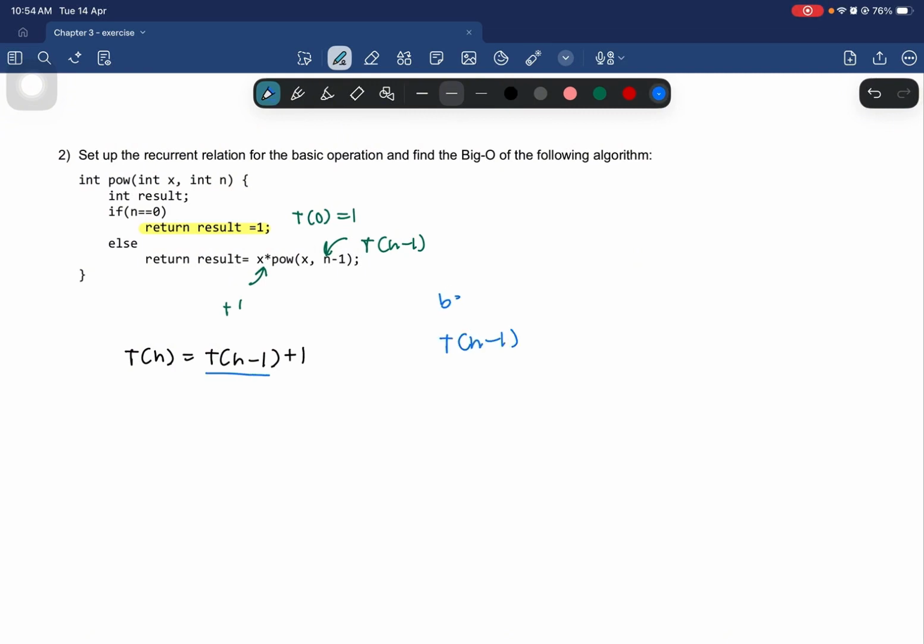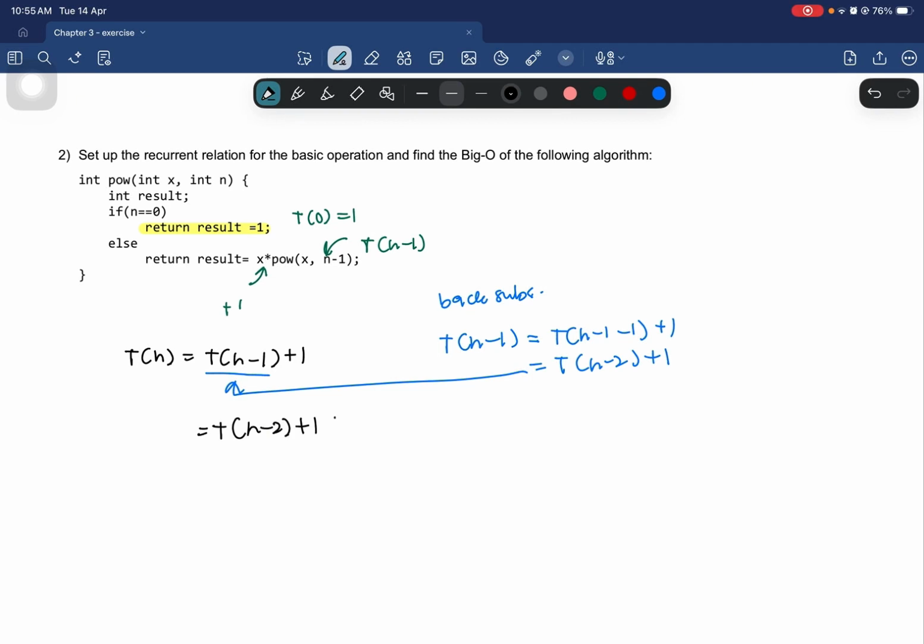So here I use backward substitution. T of n minus 1 equal to T of n minus 2 plus 1. We substitute into this formula, then we will get T of n minus 2 plus 1 plus 1. Then we simplify it, it will be T of n minus 2 plus 2.